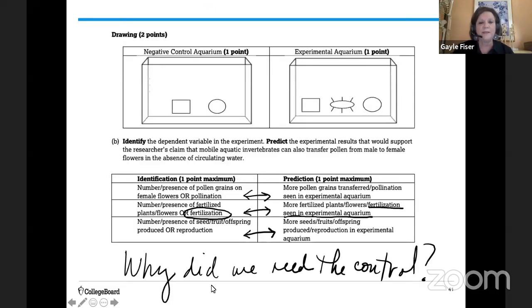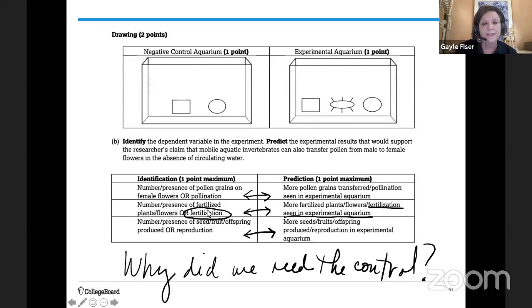So this is what the rubric looks like for this particular question. When you have a prediction involved, it has to be in support of what you identified. You can't have one in the third column on the bottom here supporting one in the top column over here, okay? So was I right?